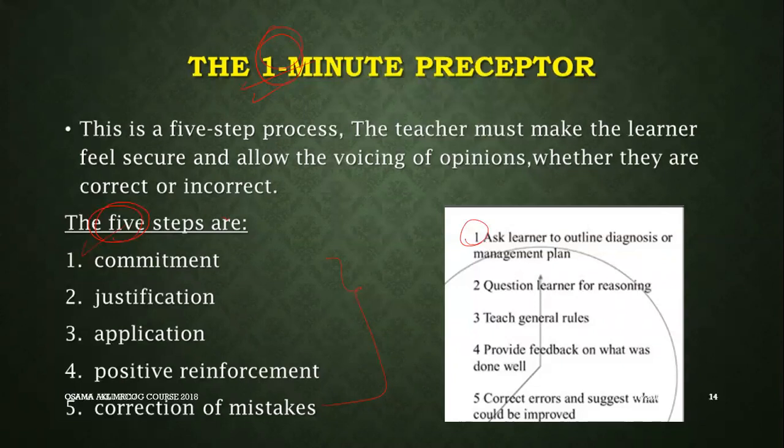Then the professor tells the student what he did right and what he did wrong, and gives feedback about the best management and the best methods for diagnosis. So these are the 5 steps: commitment, he will ask a question, justify each step, and then he will tell the student what's right, giving feedback and correction of mistakes. Anyway, in the exam, if you are asked about 5 steps, it's the 1 minute preceptor method.